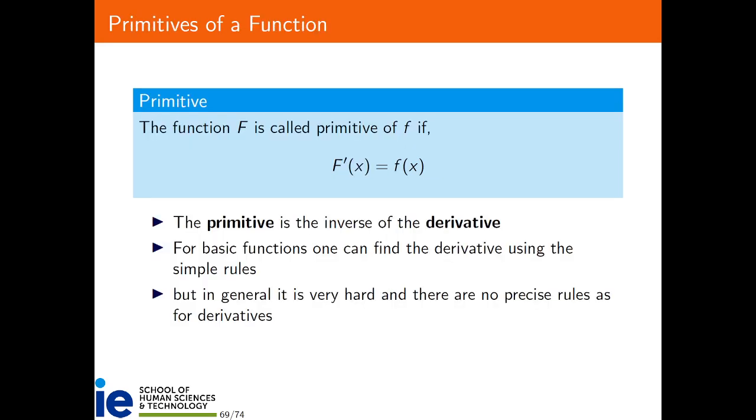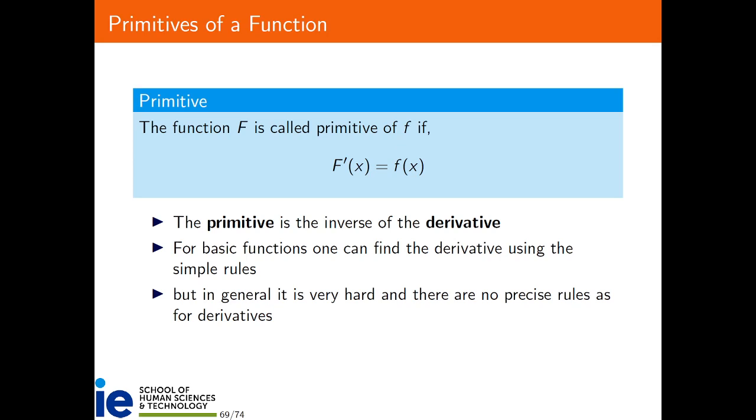So let's take a little bit of a break from integrals. Everything will sort of tie up together just in a few slides. But let's define the idea of primitive of a function. So the function big F is called primitive of f if the derivative of big F is small f.